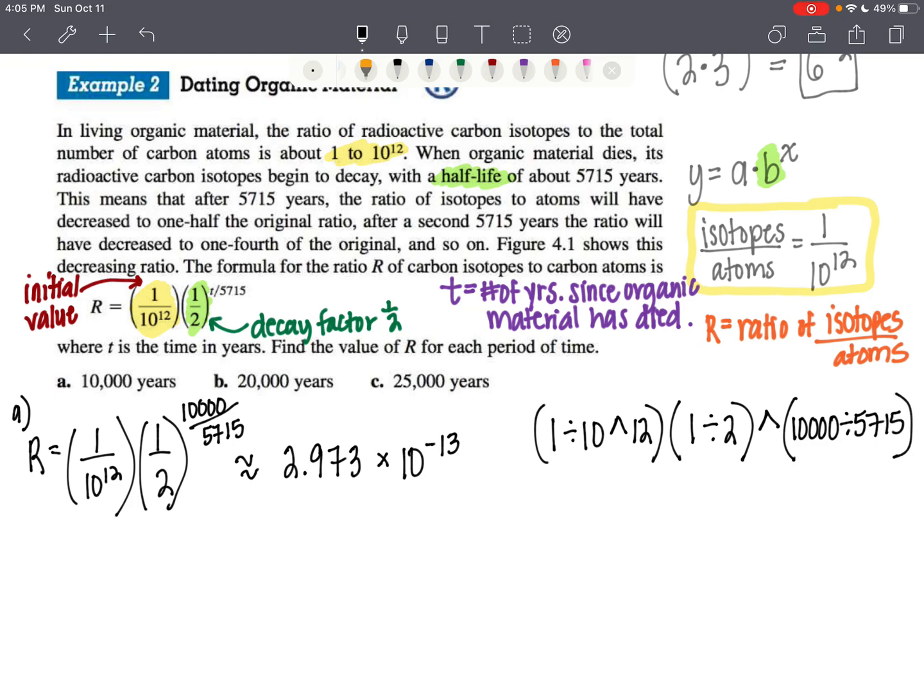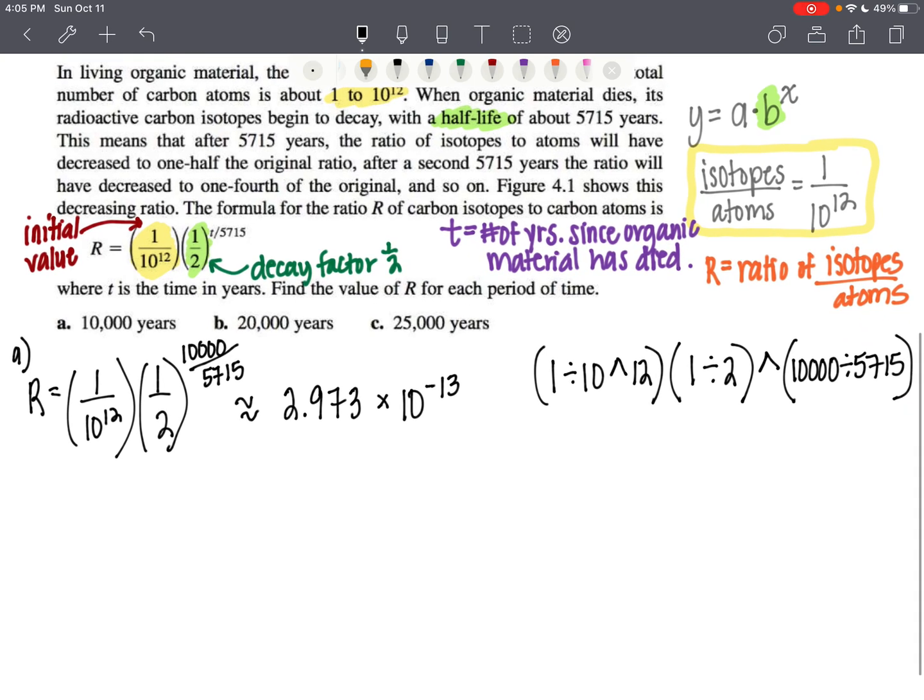That's how you would enter this into your calculator if you have a basic calculator. If you have a fancy calculator that shows you the fractions, you can enter it exactly the way you see it. But for most of us that don't have those fancy calculators, this is going to be really important for you to know how to enter into your calculator.